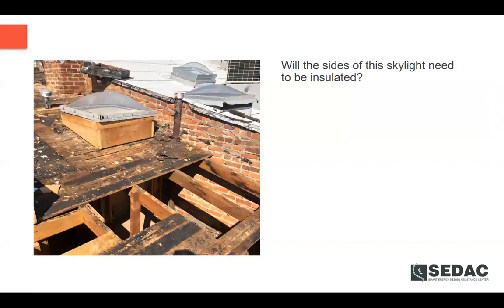This could be a little bit of a challenge because it looks like they pulled the flashing out from under that skylight, so you may end up having to pull that skylight in order to properly flash that. And once you've pulled the skylight, now you've touched it. So code compliance could be triggered if a roofer is not careful, and you may end up causing additional work beyond the scope that you originally intended.